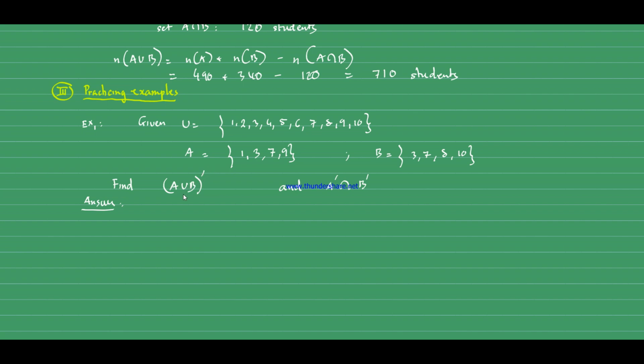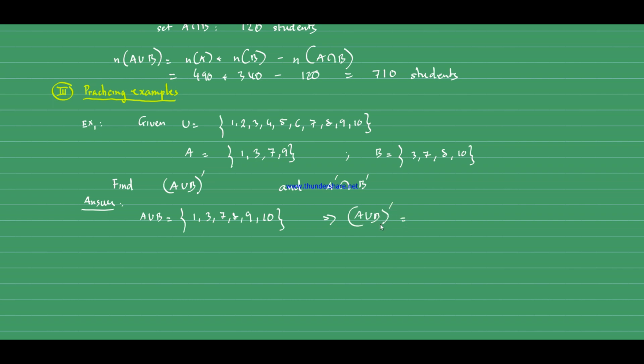So first I'm gonna find A union B. You take everything in A and B, all the different elements. So we have 1, 3, 7, 8, 9, 10. The number 3 is repeated, but we just need to write it once.